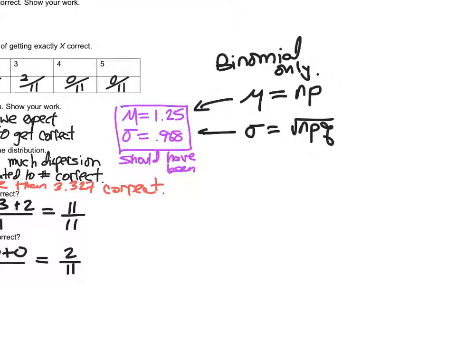So this is a more convenient way of doing it, because then you don't actually have to worry about coming up with an entire distribution just to find the mean and standard deviation. That being said, if for whatever reason you blank on what the formulas are, which you shouldn't because it's on the AP formula sheet, you can always just invent it.